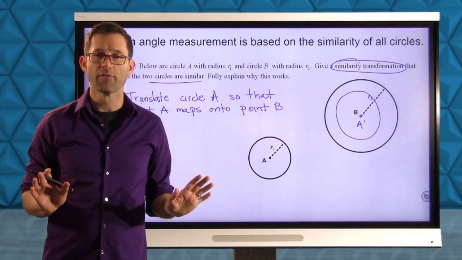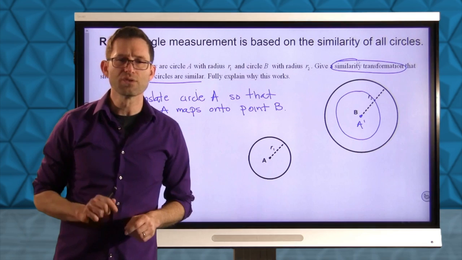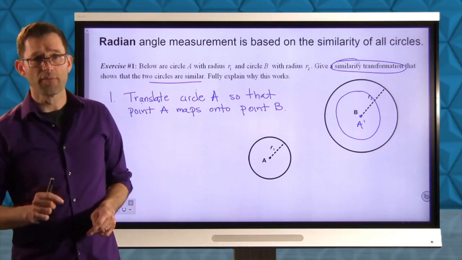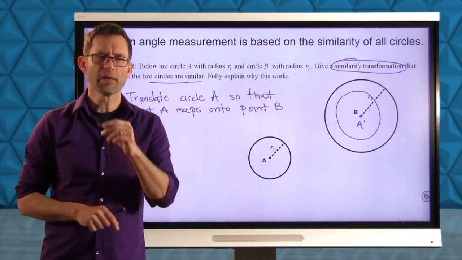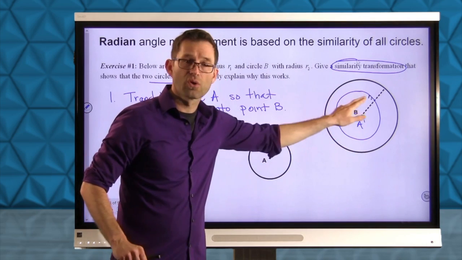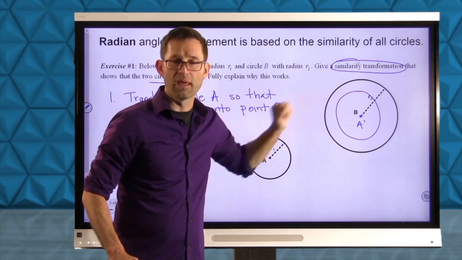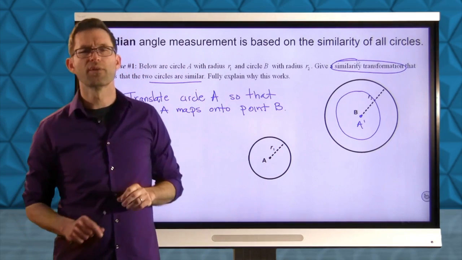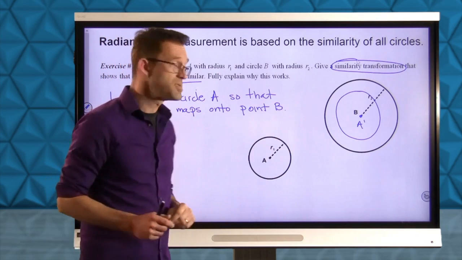Okay, simple enough. Now, how would I want to dilate it? And remember, with dilations, you need two things. You need the center of dilation, and you need a scale factor. Well, think about it for a second. I want all the points on circle A prime to suddenly be mapped onto circle B. So what should my center of dilation be? Well, it should be that common center.